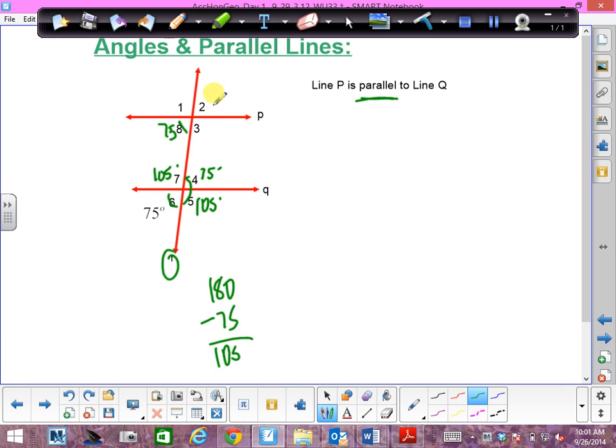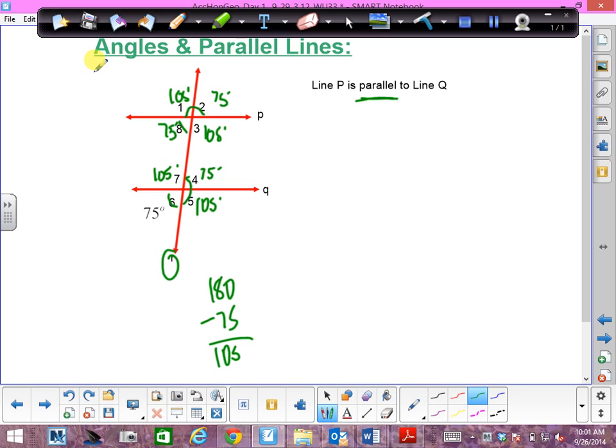If angle 8 is 75, then angle 2 is 75 degrees, of course. And then angle 3 and angle 5 are a pair of corresponding angles, so they are each 105 degrees, and this is 105 degrees. And we know that because angle 1 and angle 2 are supplementary because they form a linear pair. So there's lots of ways you could prove this.